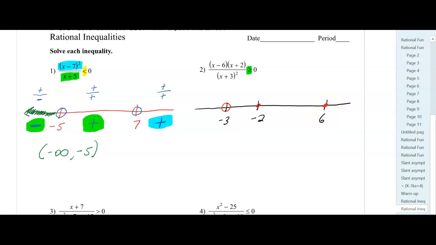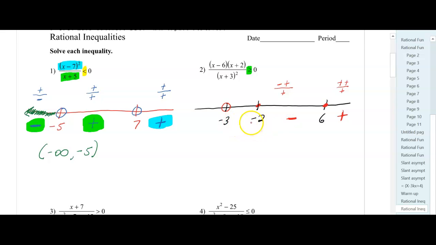Again, I'm going to check each section. If you plug a number bigger than 6, the numerator will be positive, positive over a positive. To the right of 6, it's positive. If you pick a number between -2 and 6, say 0, this will be negative, over a positive. So that will be negative.